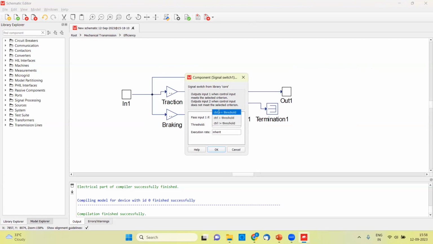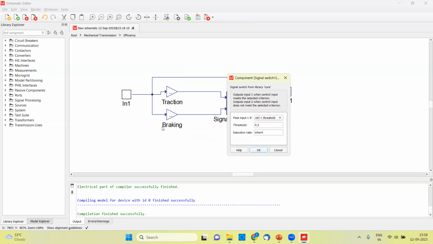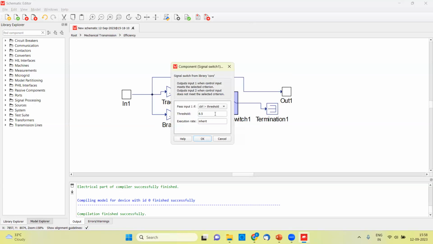Like you can see, either the control will be greater than or equal to threshold, or the control will be greater than threshold, or the control will not be equal to threshold. So all these three conditions are there. We will select what kind of control signal we want to generate, and according to that, it is going to pass input 1. But if this condition is not true, it is going to pass input 2. So what is the threshold that we are going to use over here? That is 0.92.